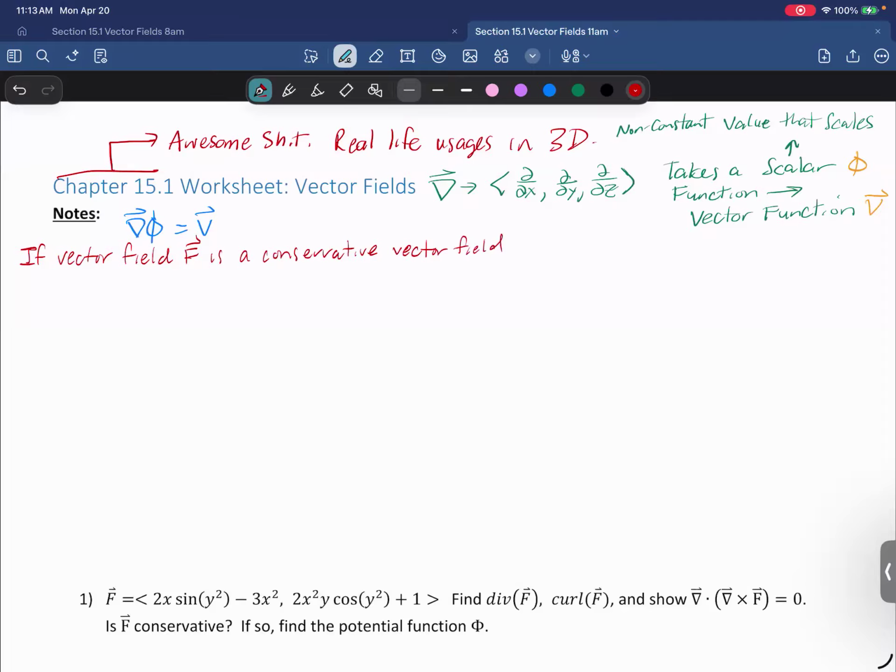If vector field F is a conservative vector field, wait, hold on, I'm saying this wrong. No, we'll work with that. And phi is a potential function. I said it backwards of what I wanted to say. Like opposite day.